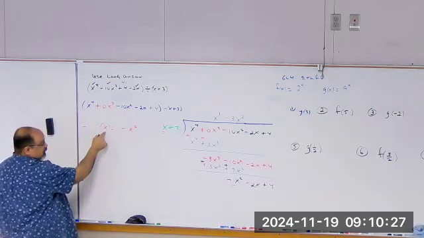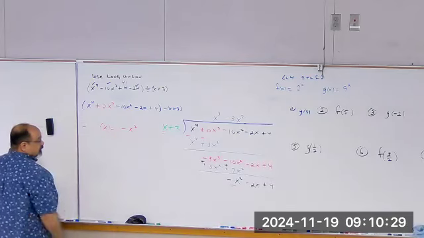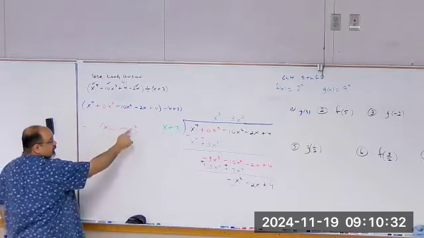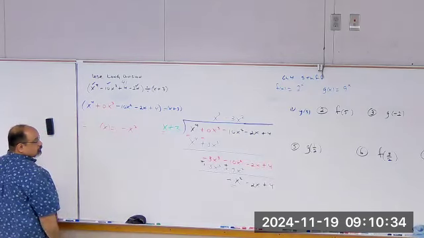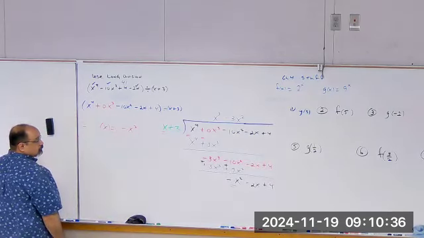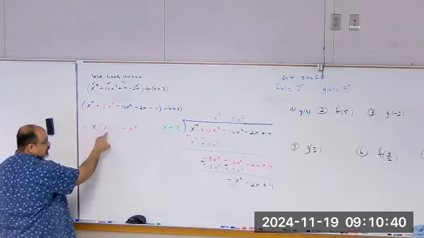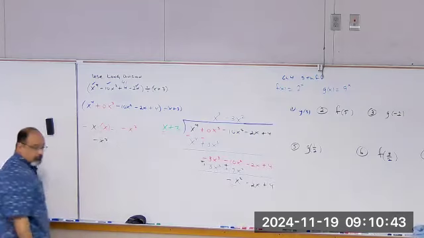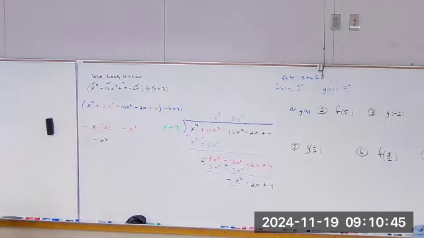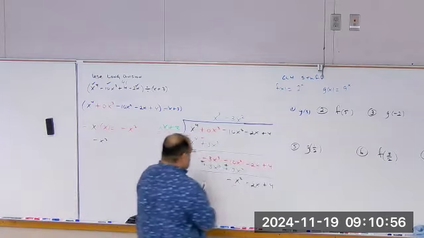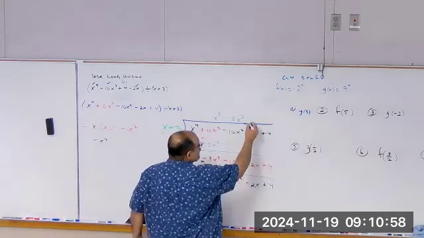A negative times a positive would give me the negative that I need. And then what times x would make x squared? There's another x. A negative x times an x is a negative x squared. So my next term in the quotient is negative x.